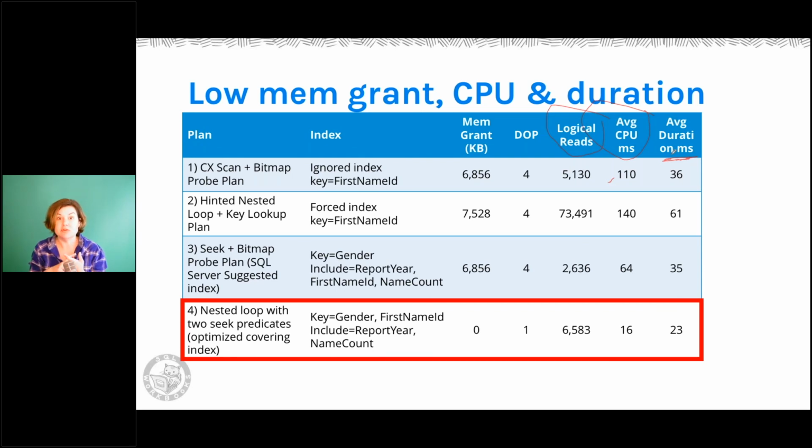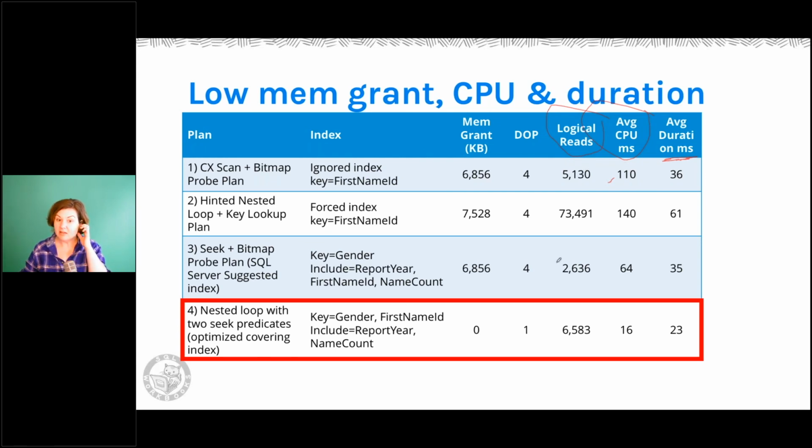I license SQL Server by the core, so I pay by the core. So what matters to me is certainly what matters to the customer. That is a big deal, but I also want the cheapest solution that makes the customer happy in terms of licensing over time. So as I tune, I will look at both CPU and logical reads, but I won't look at one as the absolute winner.